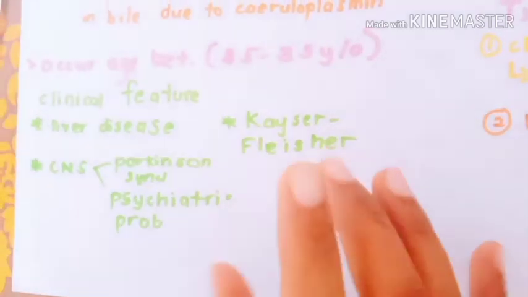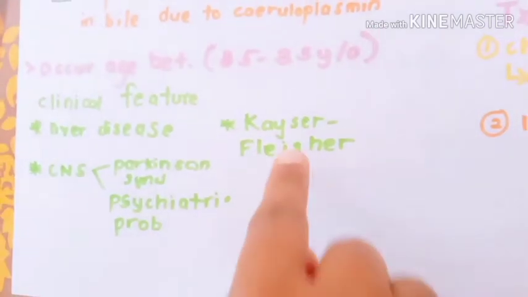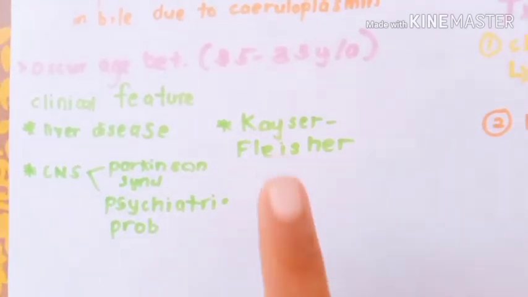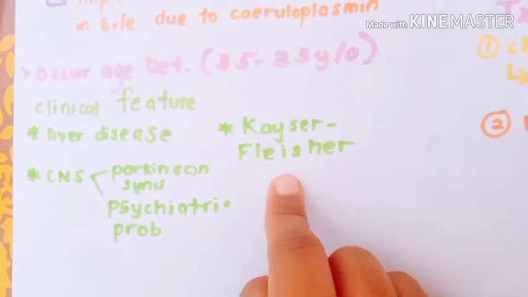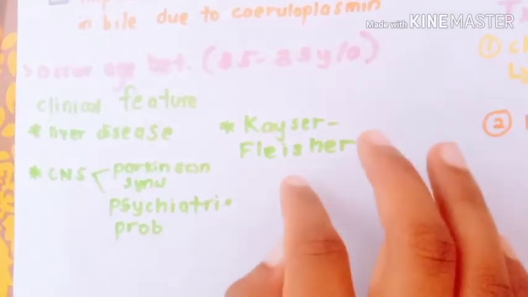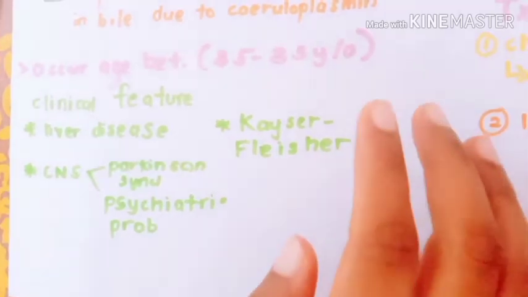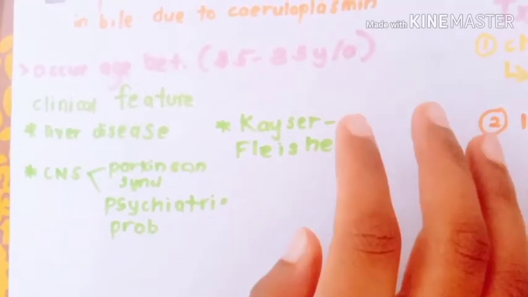Kayser-Fleischer rings occur in the cornea, which means a yellowish ring in our cornea. This is the most common clinical feature we can see in a Wilson disease patient.